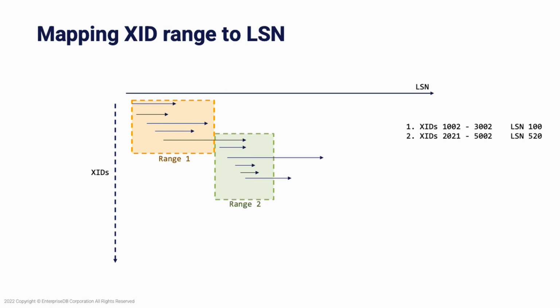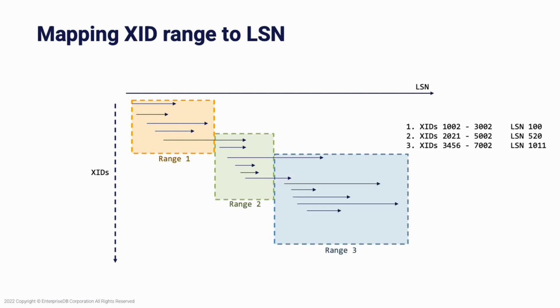The lower bound of the new range is always the oldest running transaction ID, and the upper bound of the new range is just the old upper bound plus a fixed number, 2000 transaction IDs in this example. 2000 transaction IDs is too small in practice, so it's just for this explanation. Likewise, a new range is created like this, and therefore there are a total of 3 ranges.